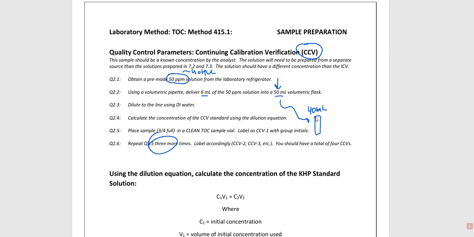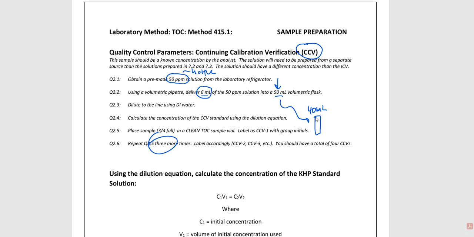That means I probably need to go back and do another 6 mils of the 50, another 6 mils of the 50, another 6 mils of the 50, and I need to prepare 4 of these 50 mil samples in the laboratory. And then those will end up transferring over into the sample container.